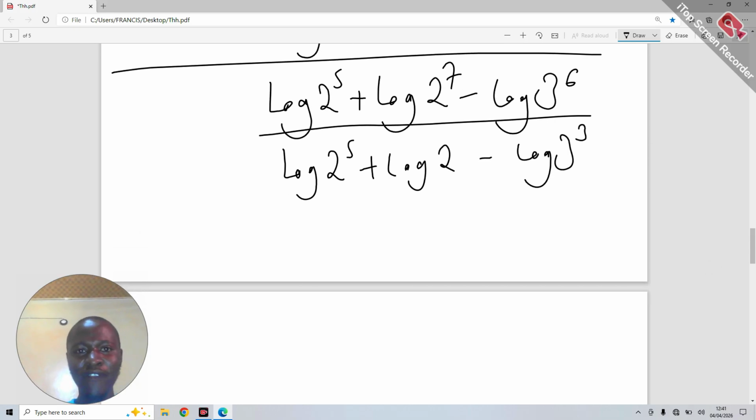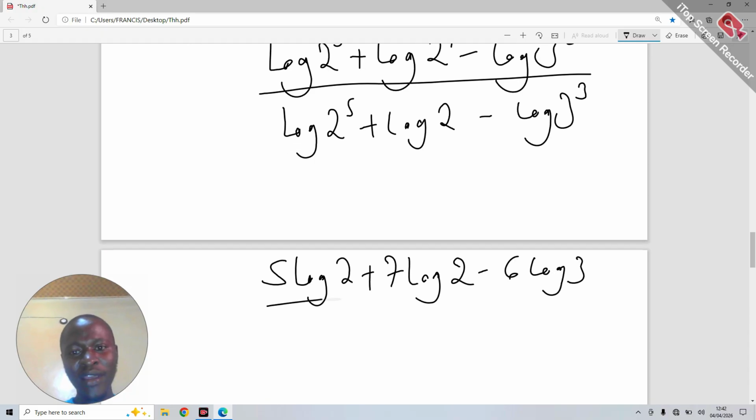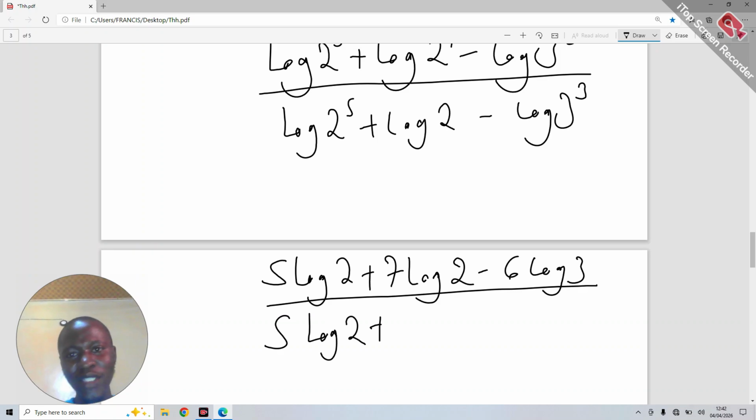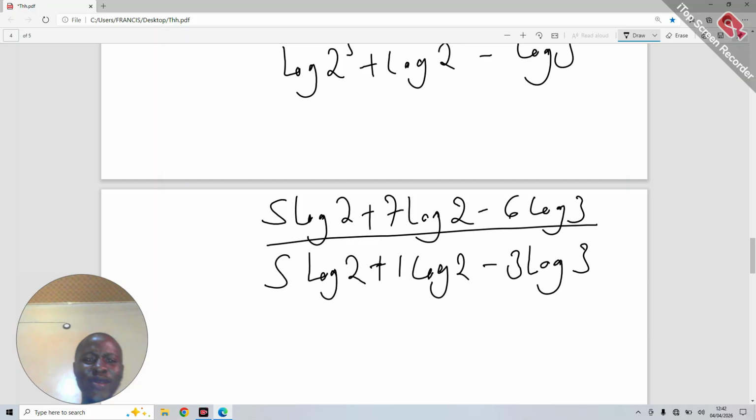Then they simplify it, in the numerator 5 log 2 plus 7 log 2 minus 6 log 3, everything all over 5 log 2 plus 1 log 2 minus 3 log 3.